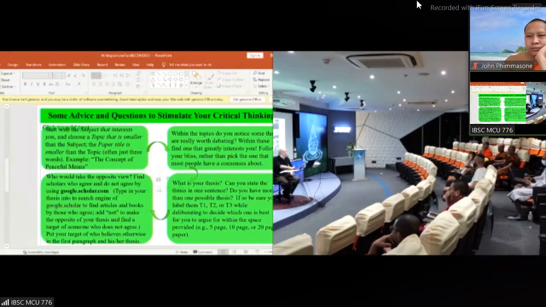The paper title is smaller than the topic: subject, topic, paper title. An example might be the concept of peaceful means. Then within the topics, do you notice some that are really worth debating? Within these, do you figure out one that really interests you? If so, follow your bliss rather than pick the one that most people have a consensus about.